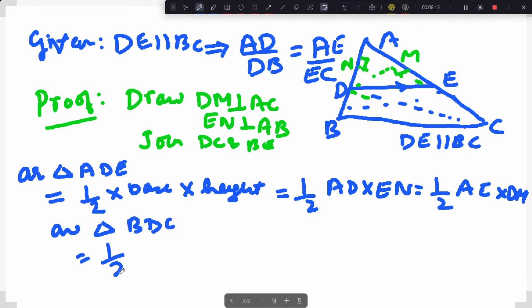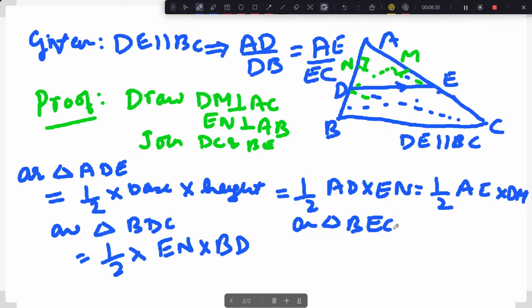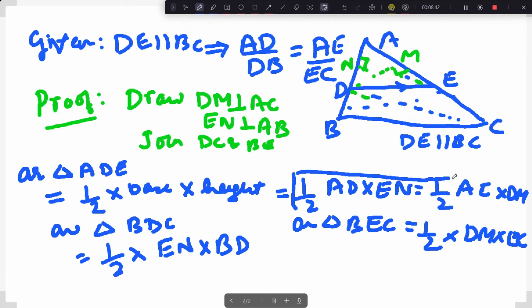What is it? Half. Now for BDC also, this is the altitude, even though it is outside the triangle BDC, right? But the altitude remains EN only, into BD. And if we look at the area of triangle BEC, it is equal to half DN into EC. Now, we already know that this is one point, right?